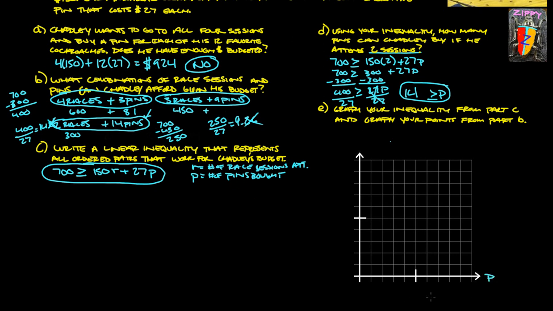Let's call this P, the number of pins bought. We can go up to 14 or maybe even more, so let's make this max out at say 20. This is 10, so these are going to go up by 2.